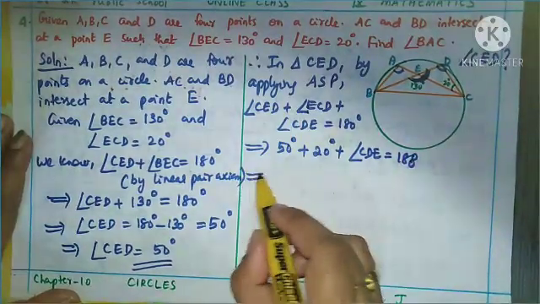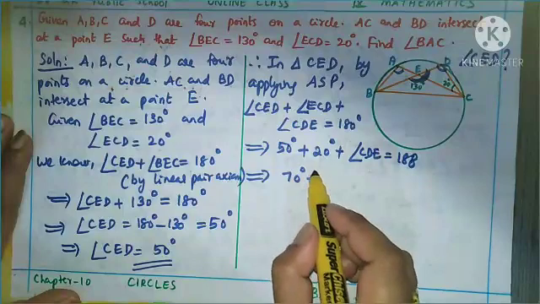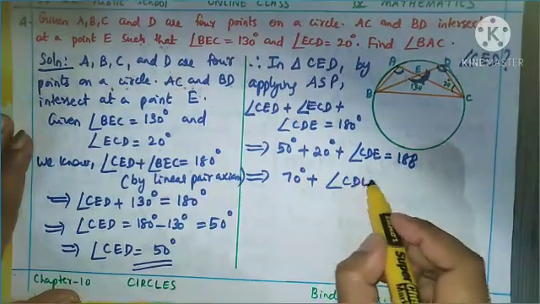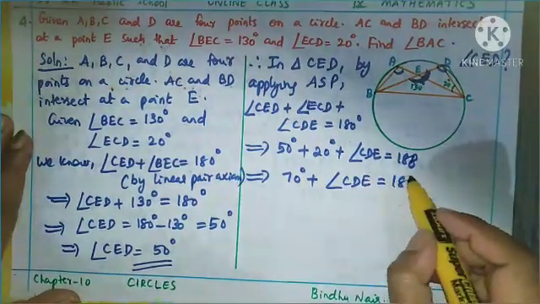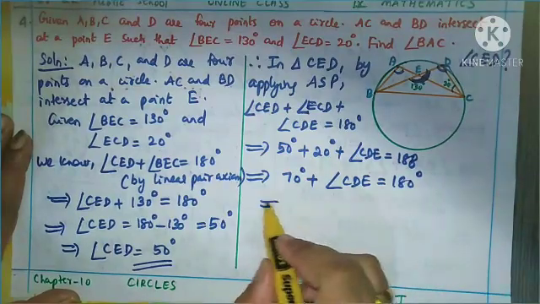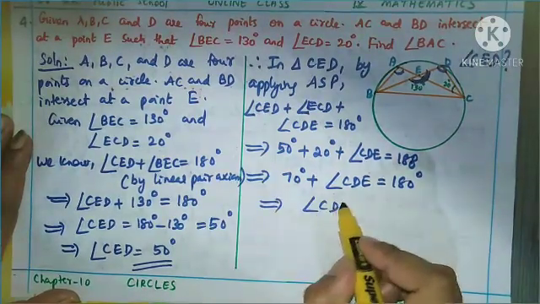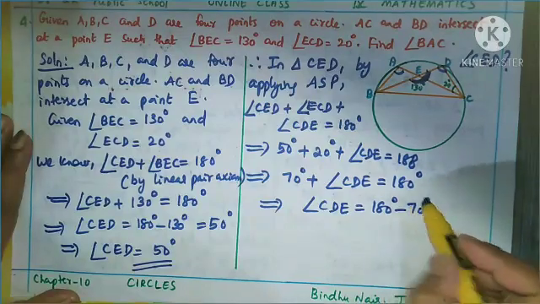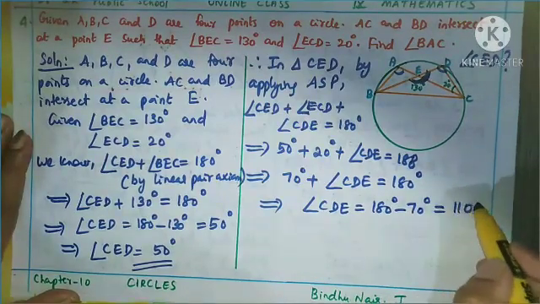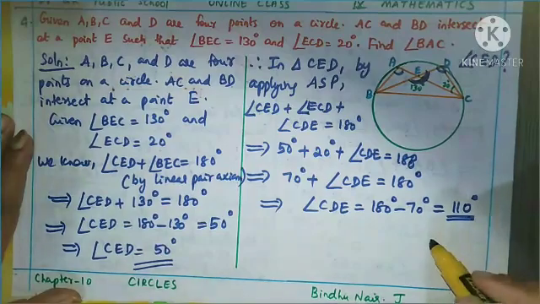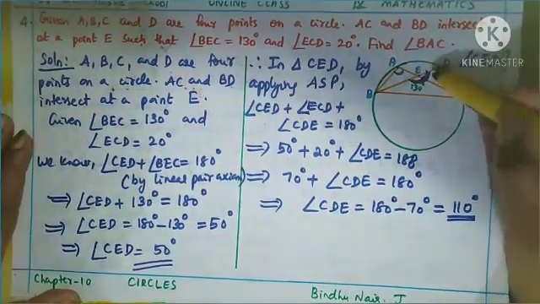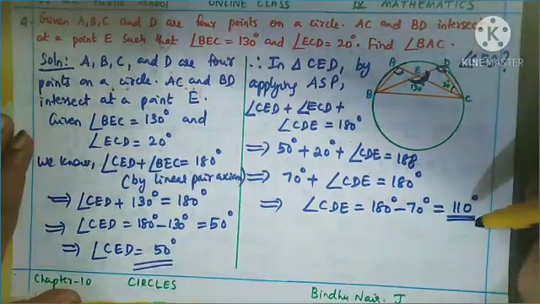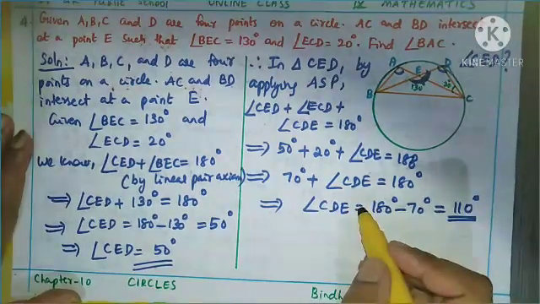So 50 plus 20 is 70 degrees, plus CDE equal to 180 degrees. This implies angle CDE equals 180 degrees minus 70 degrees, that is 110 degrees. So thus we got this third angle CDE equal to 110 degrees.